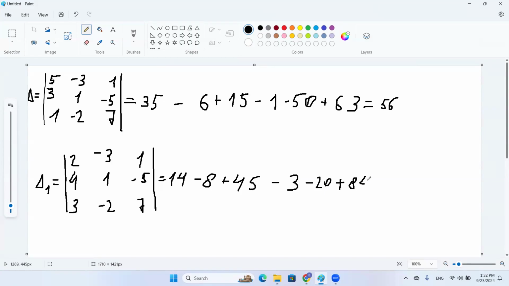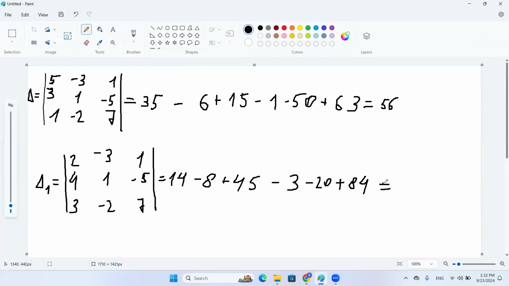And now let's calculate. So 59 plus 84, 140.